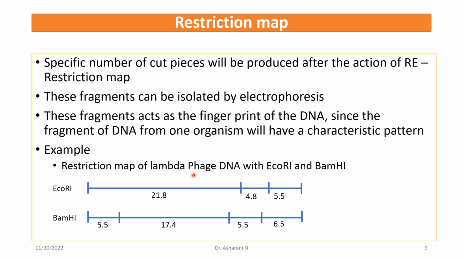Similarly, if the same lambda phage is made to react with BamH1, we have 4 fragments. These fragments are specific for the DNA when a specific restriction endonuclease acts. The specific number of cut pieces produced after the action of a restriction endonuclease is known as a restriction map.